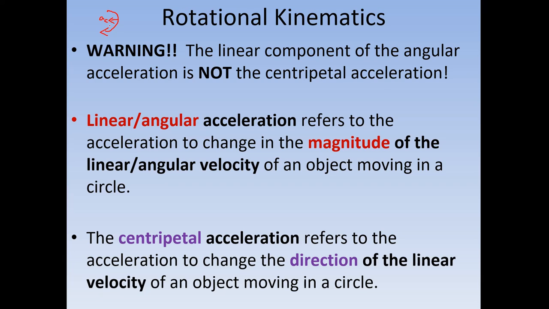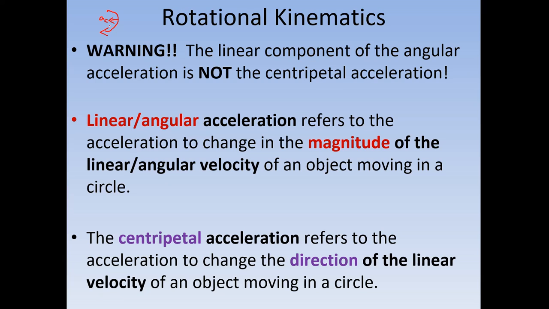Remember, velocity has two components, and when we accelerate, we're changing one of those two aspects. Typically, in the linear cases, when we're just moving in a straight line, or sometimes even forwards and backwards, the acceleration will actually affect both the direction and the magnitude. Because if we're accelerating to the left while we're moving to the right, eventually that velocity stops going to the right and will start going in the direction of my acceleration.